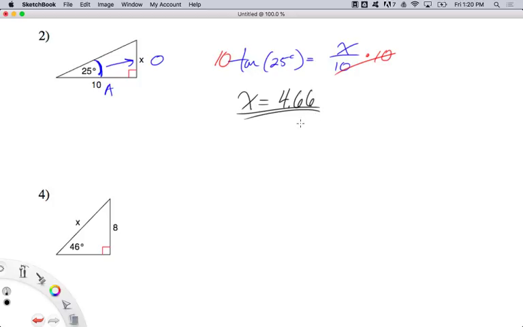Tangent. That's very correct. I get the tangent of 25 degrees equals opposite, which is x, over adjacent, which is 10. To solve for x, I get it by itself by multiplying by 10. I end up with x equals 10 tangent of 25. Plug it in my calculator, I get 4.66.